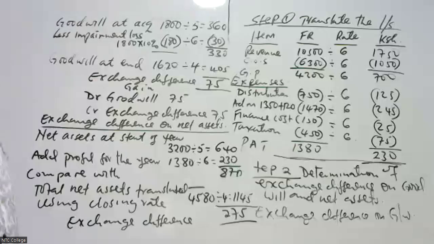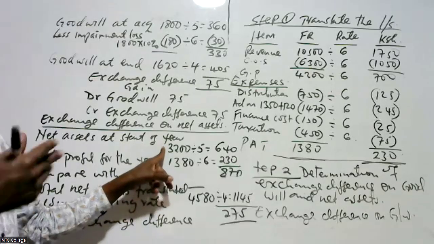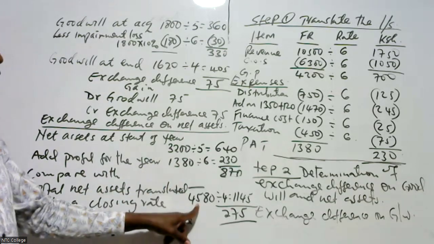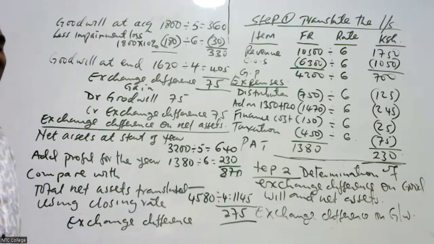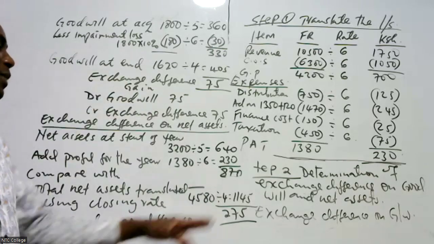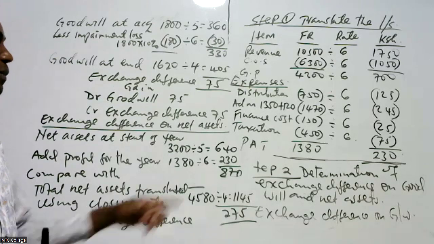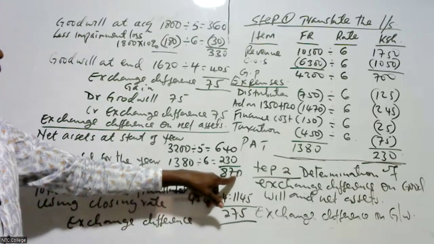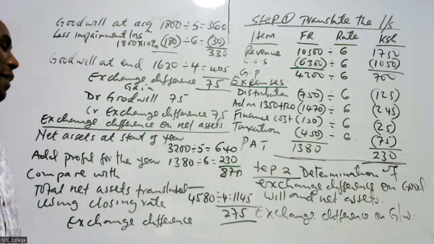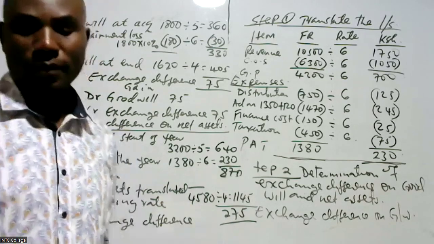Then I compare with the net assets when it's not translated, plus the profit for the year, I get 4580. Then I translate using the closing rate, I get 1145. Then we compare. We were supposed to have net assets of 870, but we have 1145. Then what is the difference? The difference is those 275.